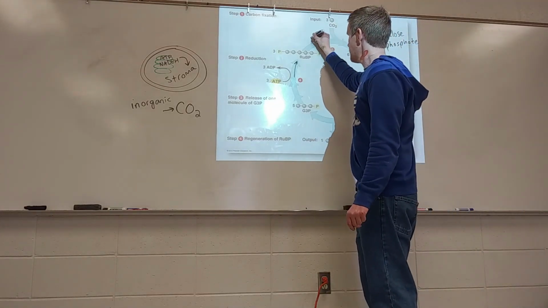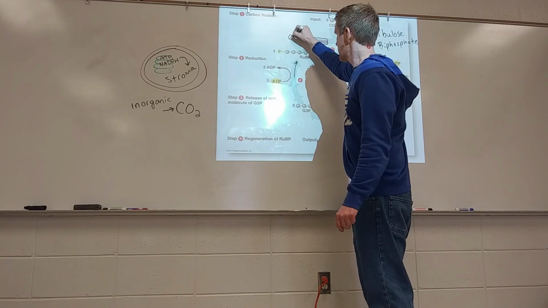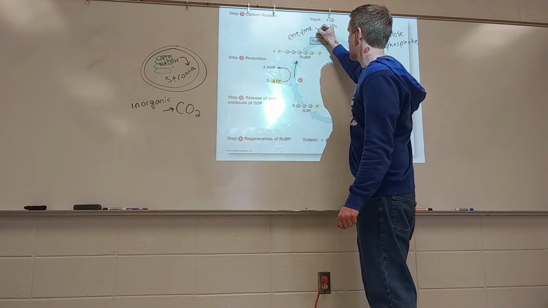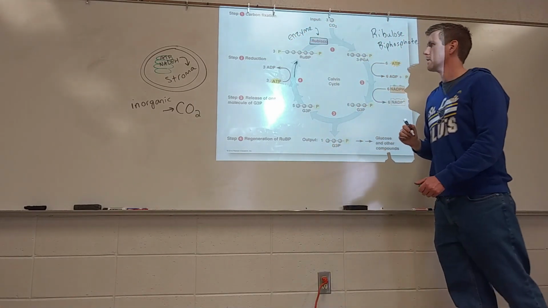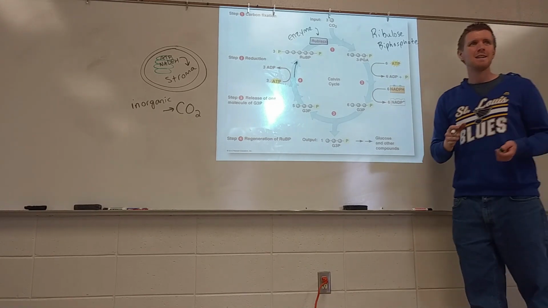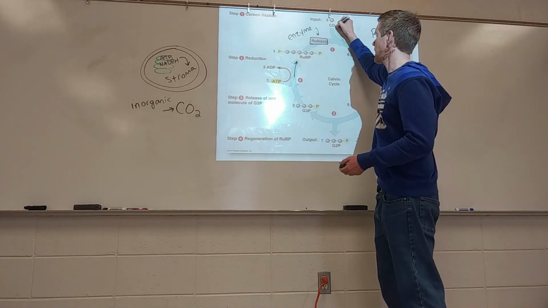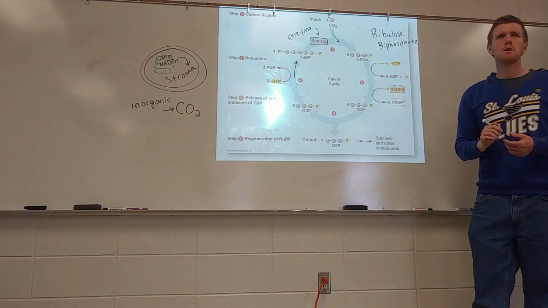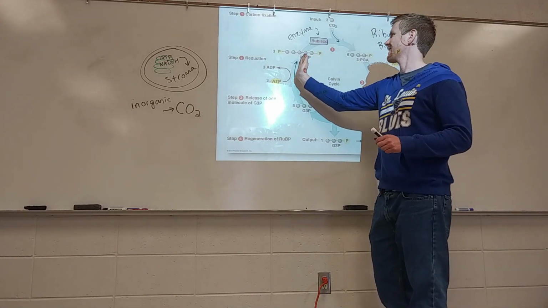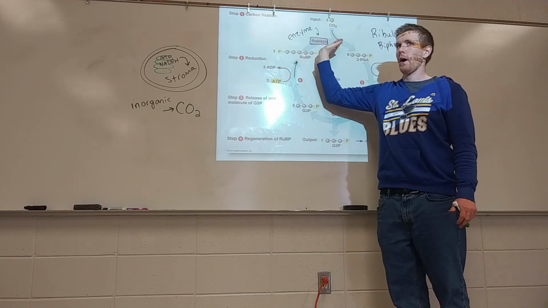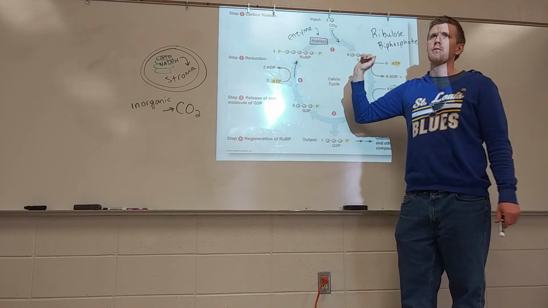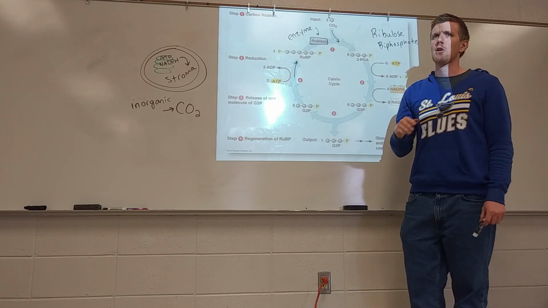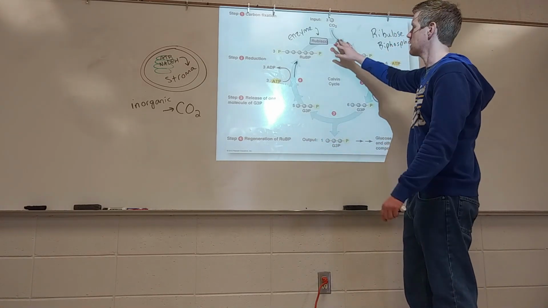An enzyme called Rubisco is necessary to facilitate the incoming carbon dioxide into the cycle. Think of it almost like merging onto a freeway, except that you want to hit the car that's coming back around, or coming on the freeway. Yeah, that was a terrible analogy, but never mind, let's continue on.